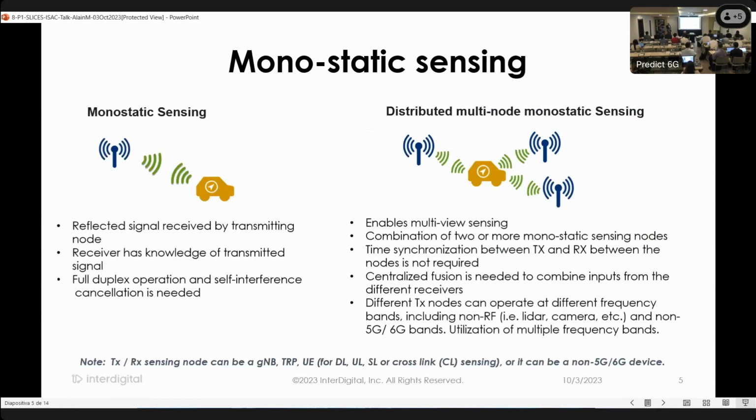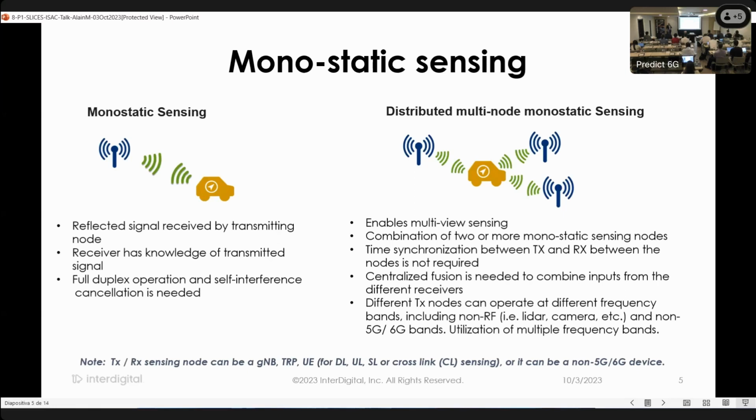All right, so I think Jörg already helped me out here by touching upon the monostatic and the bistatic. So this is just a basic introduction for these. Again, keep in mind that we are talking about the device or the network, the base station, being a radar. So here we have two modes. We have the mode we call monostatic sensing: the transmitter transmitting and receiving.